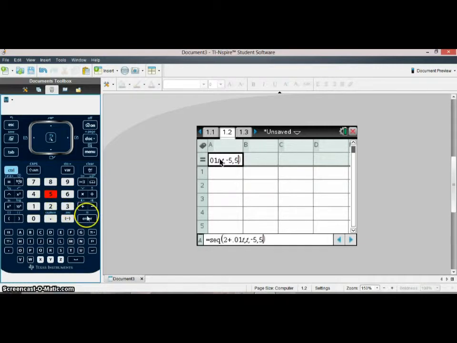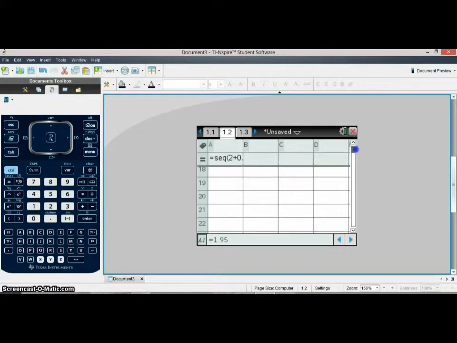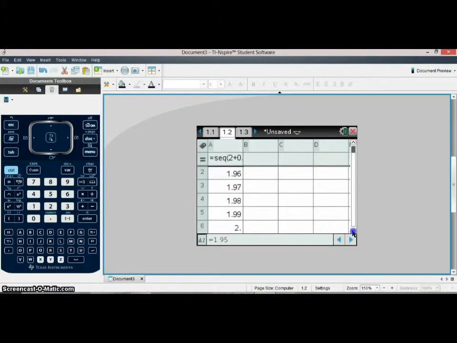So you hit enter, and basically what's happening, it's going from 5, 4, 3, 2, 1, and then you got 2 when t equals 0, and then you got negative 5, -4, -3, -2, and -1. So you got that, and that's a little tidbit of how you can kind of cheat.